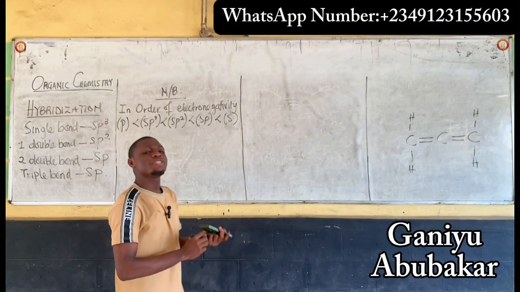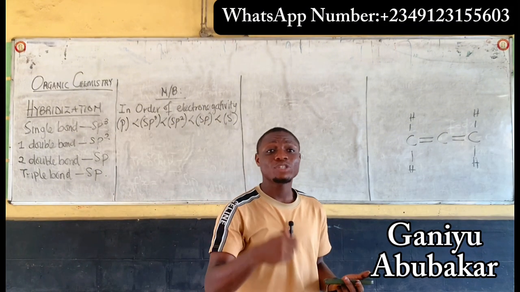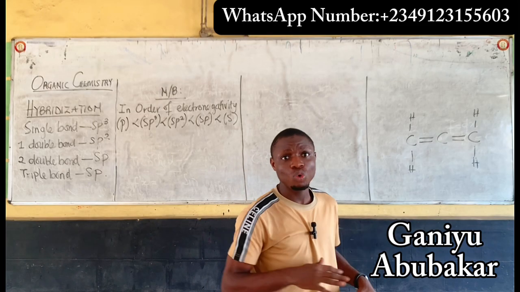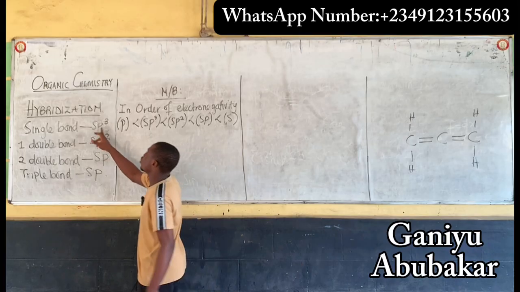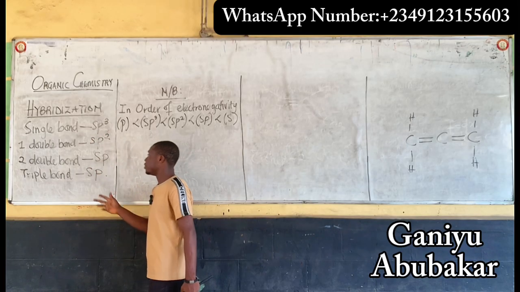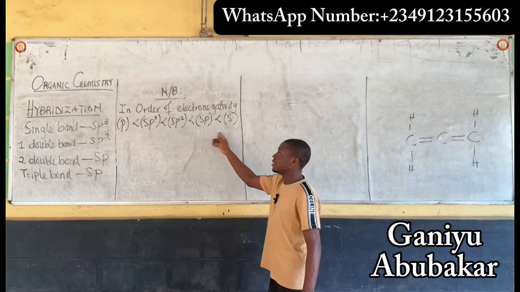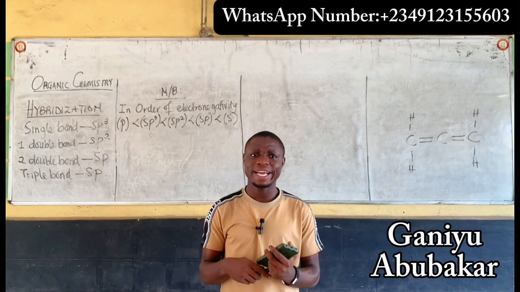It's not just sp cubed, sp squared, sp. There's one that has only p, and there's one that has only s. This is called the order of electronegativity.